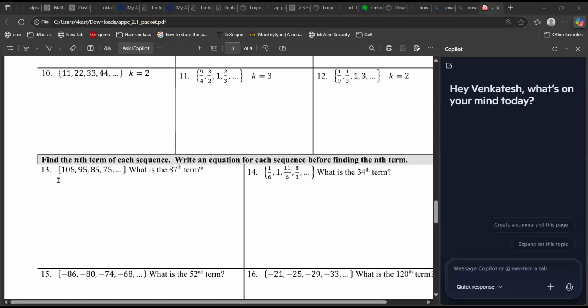These two, 13 and 14, can we do, guys? Can we do this 87th term and the 34th term? I'll also do it with you guys. Advik, did your understanding get better now? Yeah. Okay.